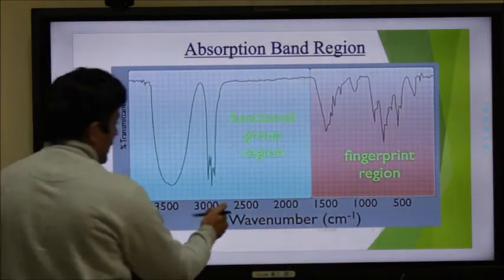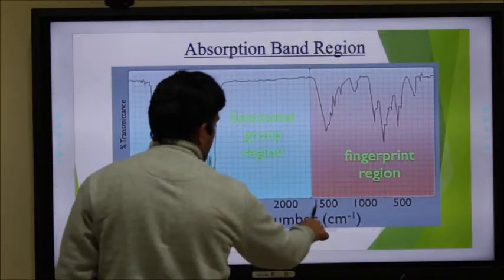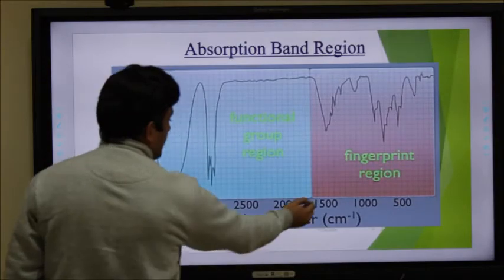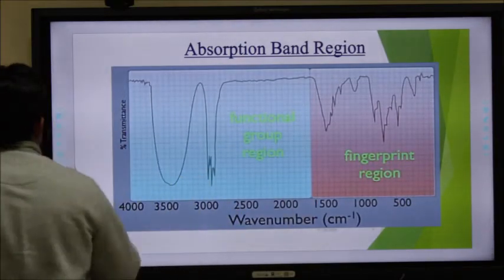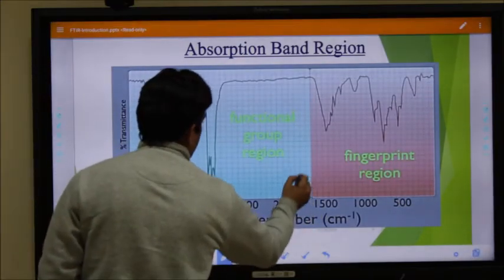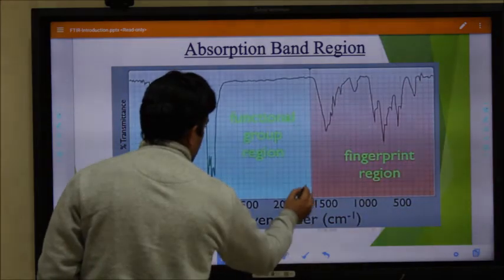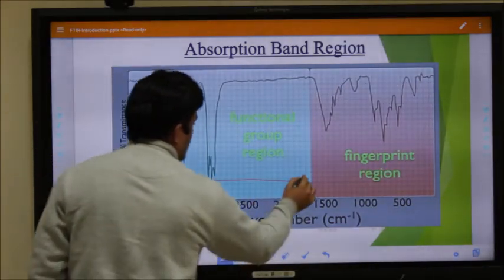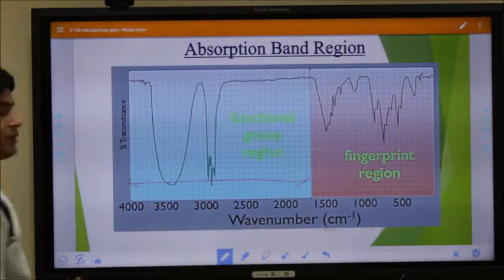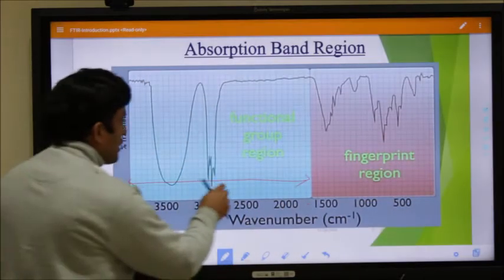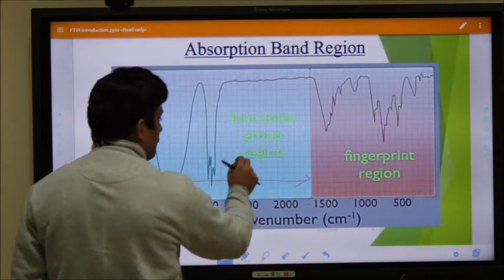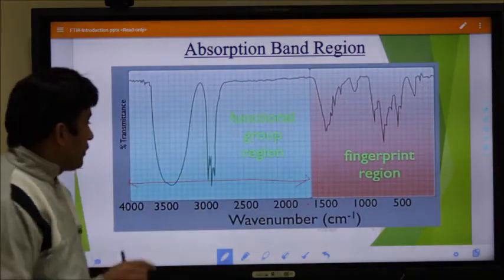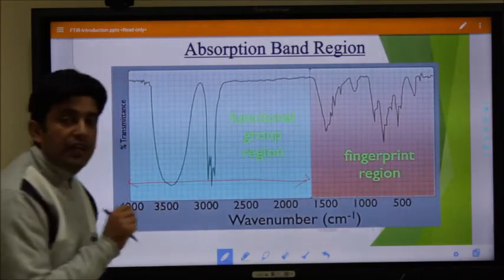This region, ranging from 1500 centimeter inverse all the way to 4000 centimeter inverse, is known as the functional group region.